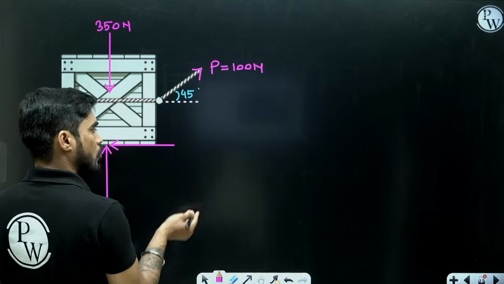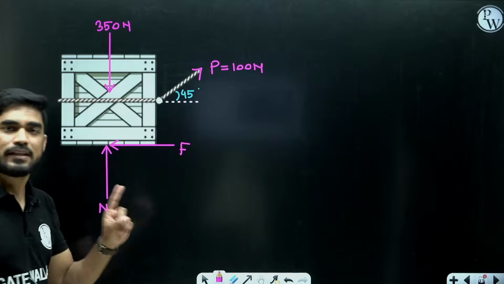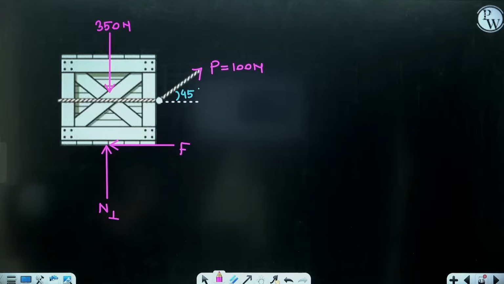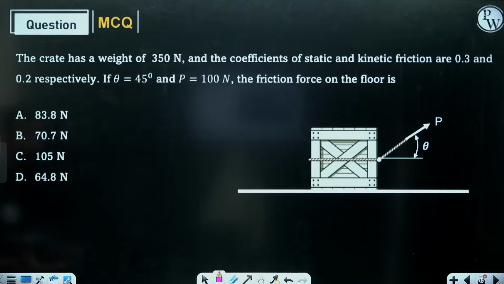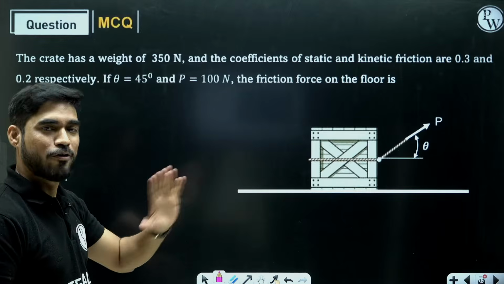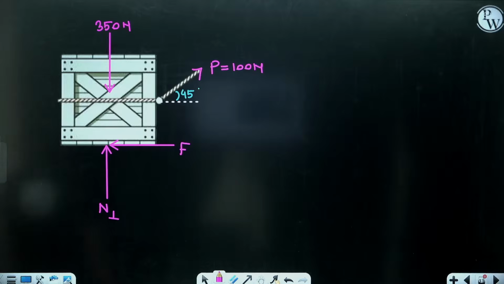Right now I don't know how much the friction force is, so I will just put it as F. Don't make the mistake of writing it as mu into N, because you don't know the condition. There is no condition mentioned that the crate is just about to move or something like that. So we have just applied F. Now we need to find F. How will we find it?